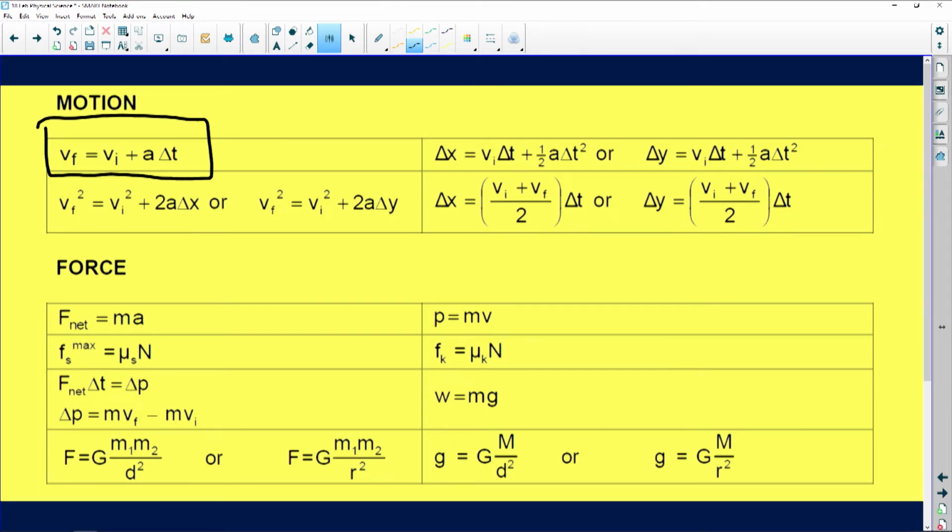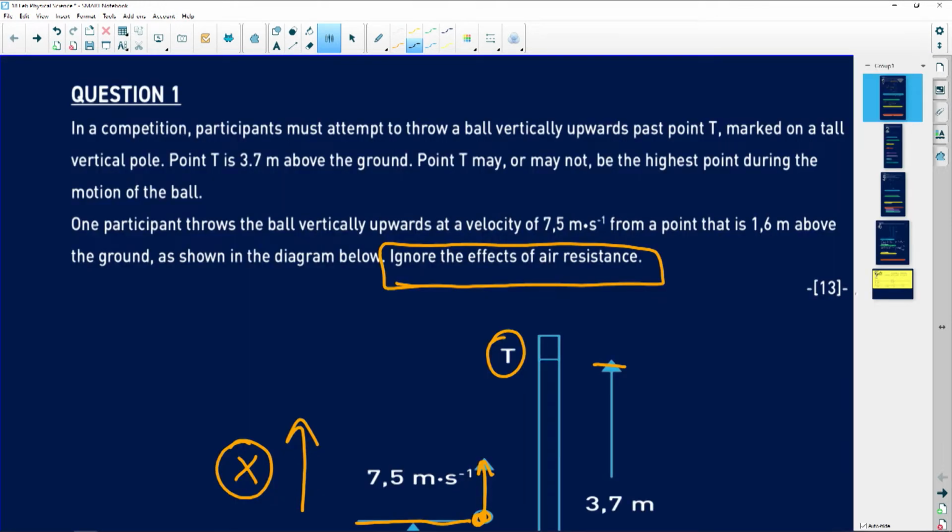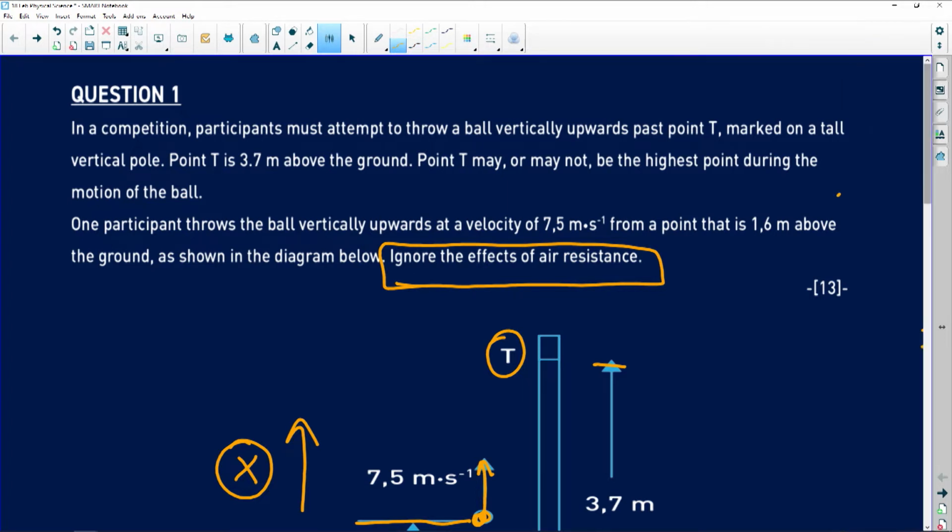We've got the final velocity, we've got the initial velocity, we've got the acceleration, which is g, which is 9,8, and they're wanting t. So that is the most logical one to use. All right, so let us just go back to our question. Now we're going to write down our equation for this question.